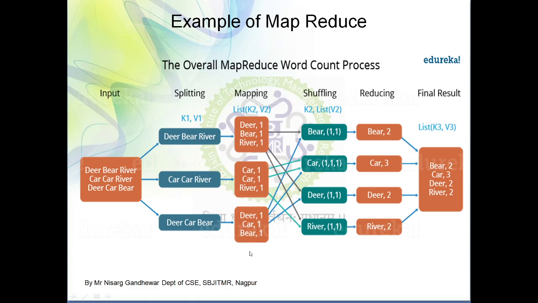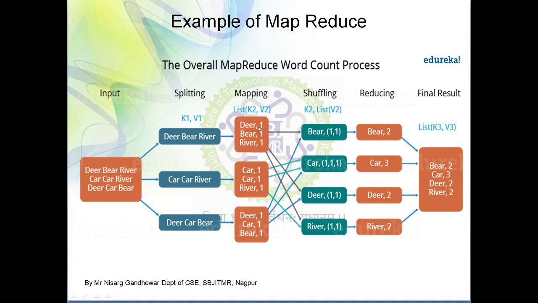So what is the role of map? The map function will divide your input data into key value pairs. In this case, deer is my key and 1 is my value. There are 3 sub files. For this sub file I apply the map function. So here I can see deer comma 1, beer comma 1, river comma 1. Deer, beer, river are the keys, whereas 1 is treated as the value.